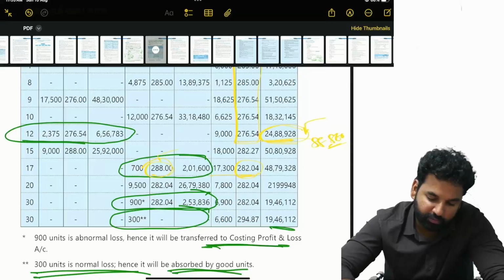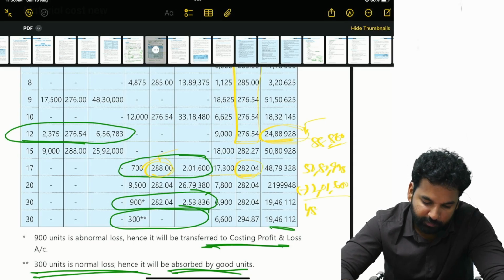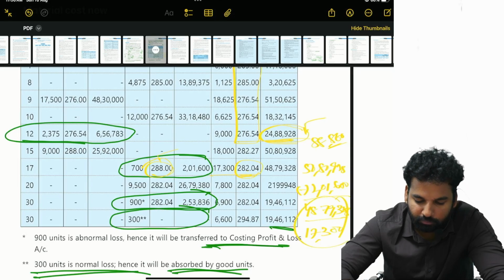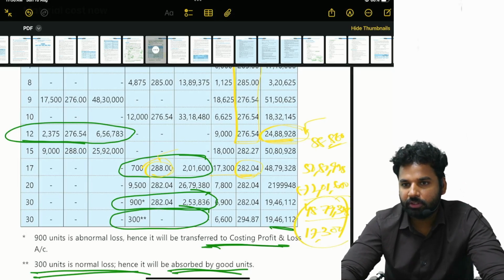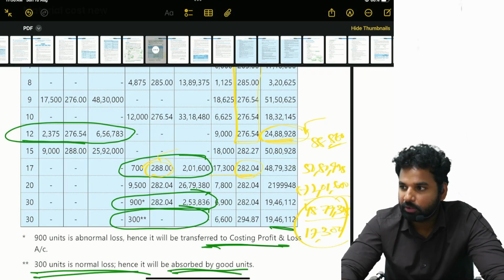To calculate, 50,80,928 minus, take out 2,01,600. So what is the difference? 48,79,328 we are getting, divided by 17,300. Simply reverse calculation, just to value. Generally we add up the values.